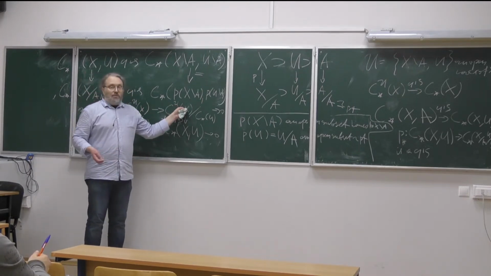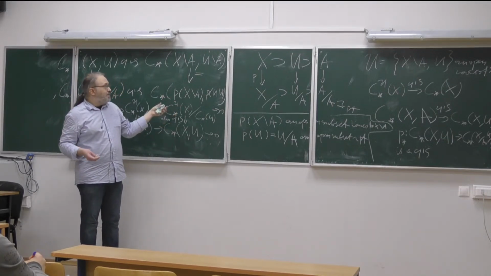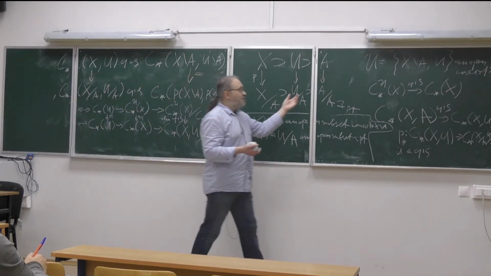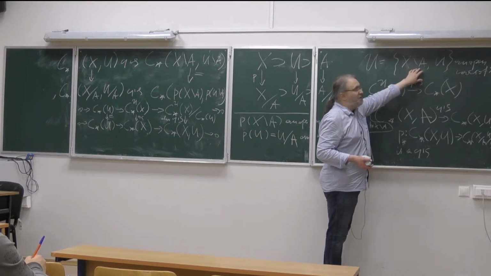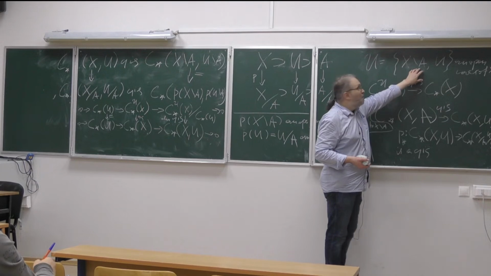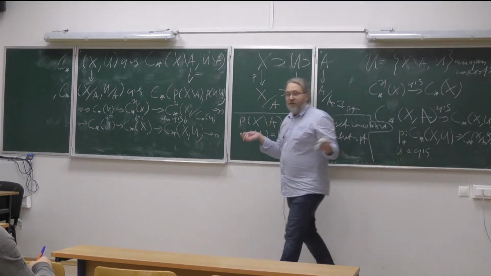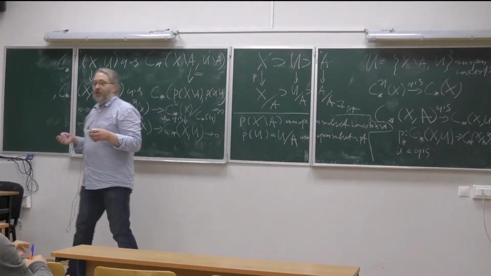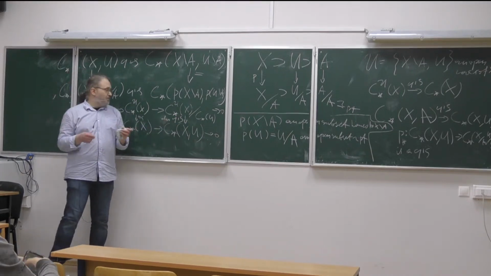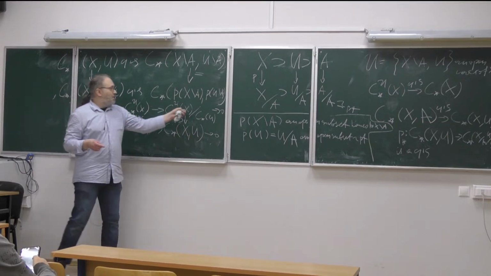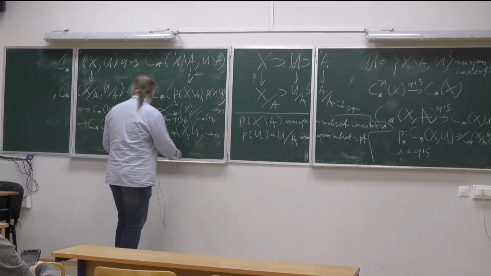So C upper U, what is it? Well, it's the subcomplex of all singular complexes which are either inside entirely X minus A or are entirely inside U. And then we take out those which come from U. So my claim is that this complex is exactly the same as this one.